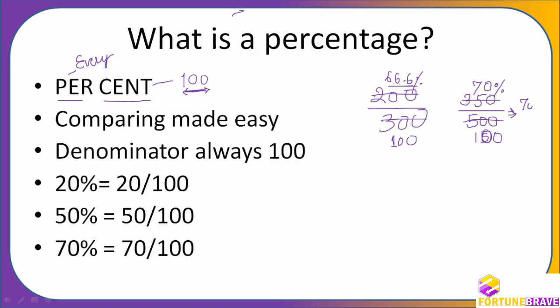It means for every 100 marks, he has obtained 70 marks. That is what we need to understand. For every 100 total marks, he or she has obtained 70 marks. In the earlier case, out of every 100, she has obtained 66.66 marks.